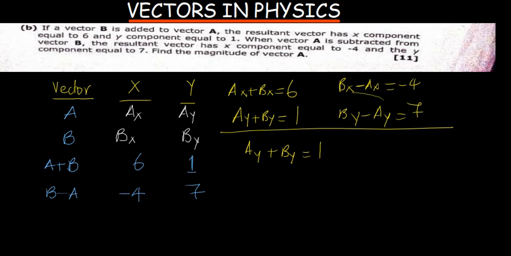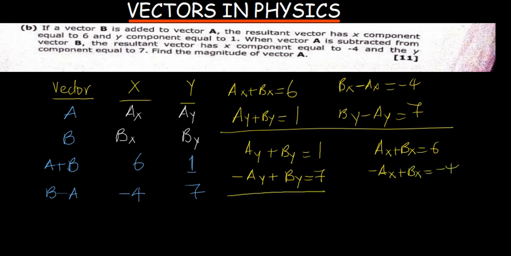And then I'm going to get this. Going to start with the ay. In this case, the ay is negative, and then plus by. I've just rearranged it, and that is giving us 7. And then I'm also going to write these two, that is ax plus bx, that is a 6. And then I also write this, but I'll start with the negative ax plus bx, that is a negative 4.